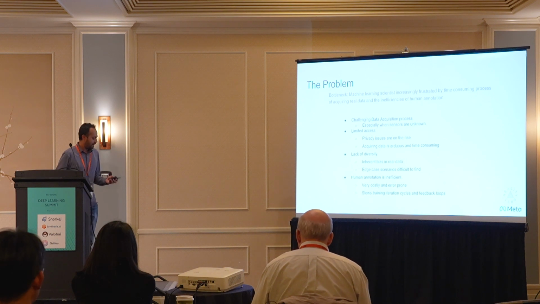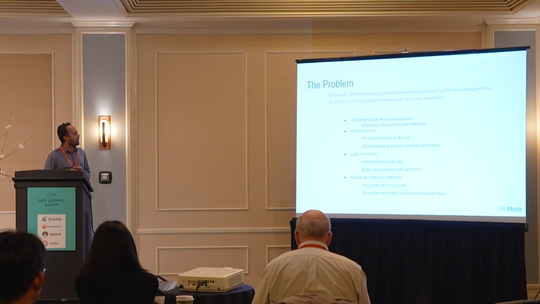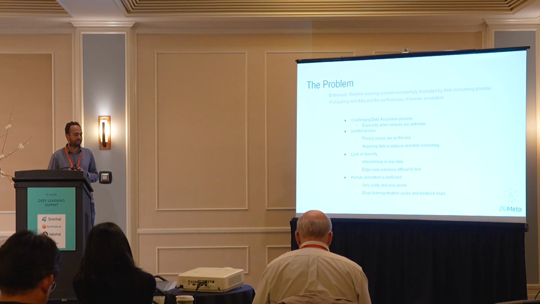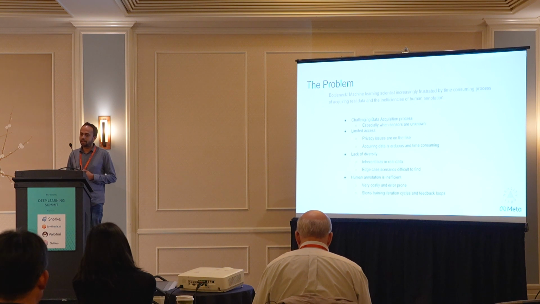All right. Okay, let's talk about the problem. In general, most machine learning researchers, scientists, engineers, or practitioners, they always have this data problem. I mean, it's no surprise that Andrew Ng has been pushing for data-centric focus on AI. But there's a problem with real data.